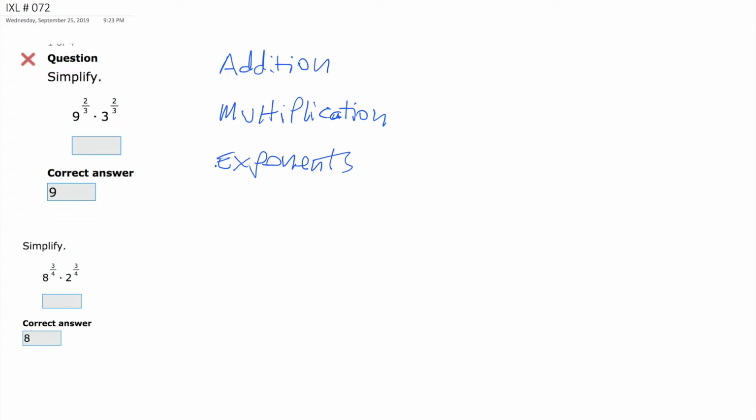Multiplication requires knowledge of addition, right? You have to conceptually understand how to add to conceptually understand how to multiply, right? And with exponents, you have to conceptually understand the idea of multiplication to understand the idea of exponents, right?